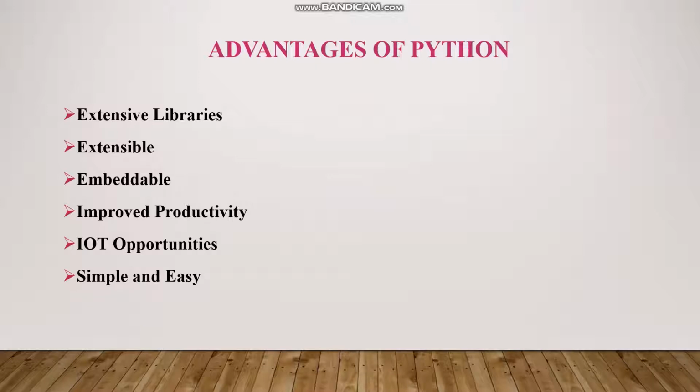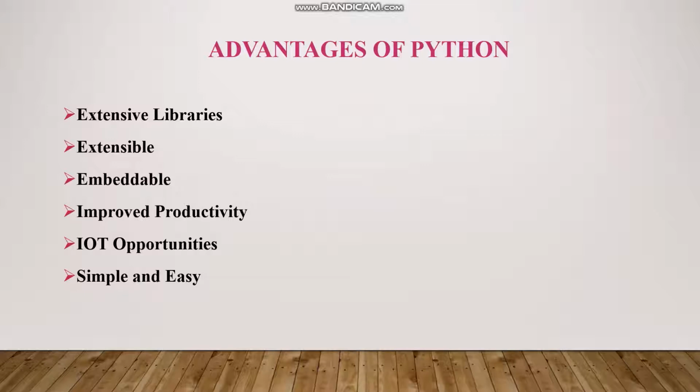Advantages of Python. Extensive libraries. Python downloads with an extensive library and it contains code for various purposes like regular expressions, documentation generation, unit testing, web browsers, threading, databases, email, image manipulation, and more. So we don't have to write the complete code for that manually. Extensible.